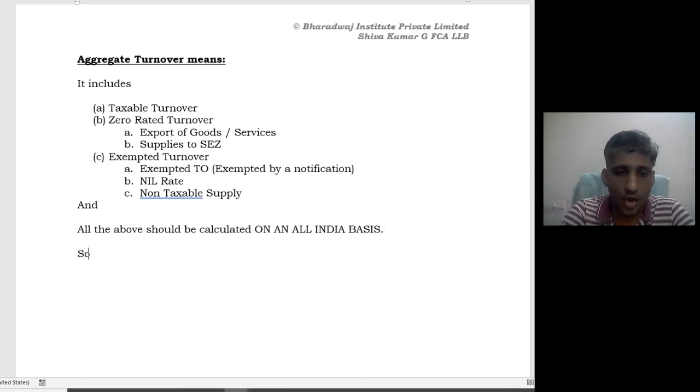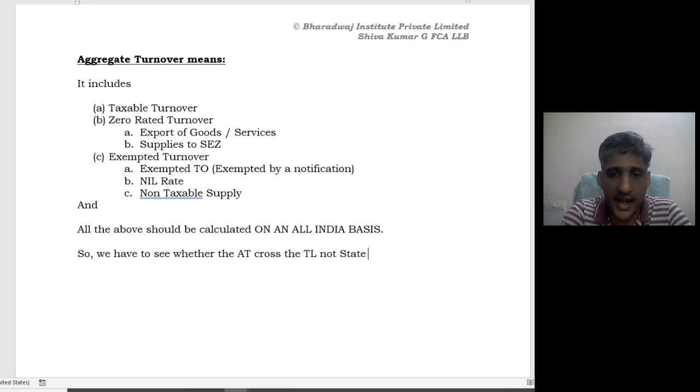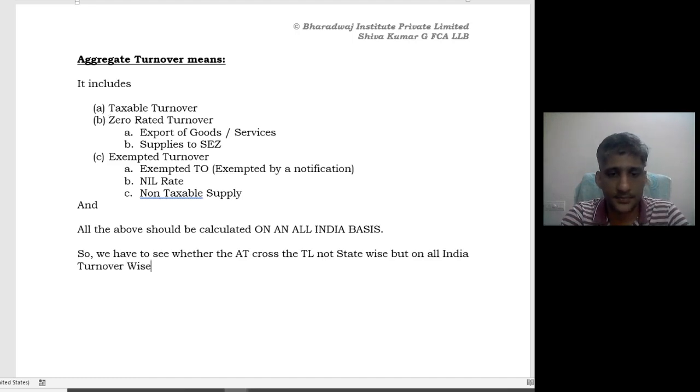So we have to see whether the aggregate turnover crosses the threshold limit, not state wise but on all India turnover wise.